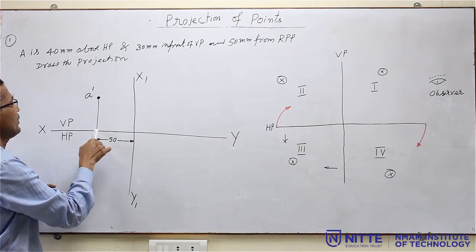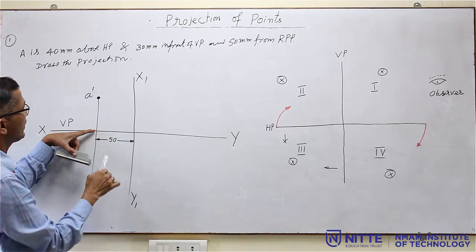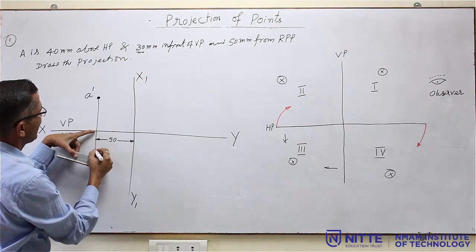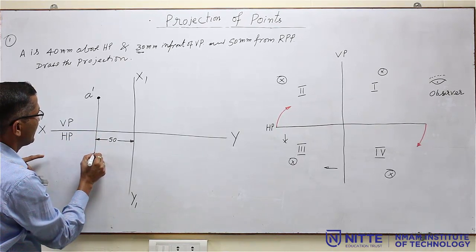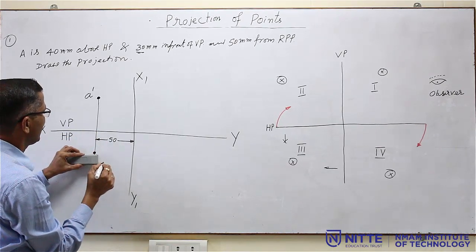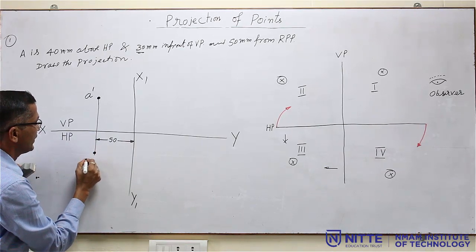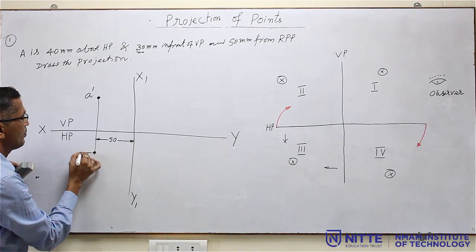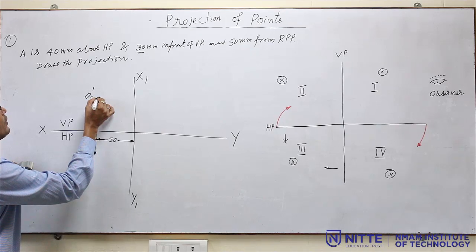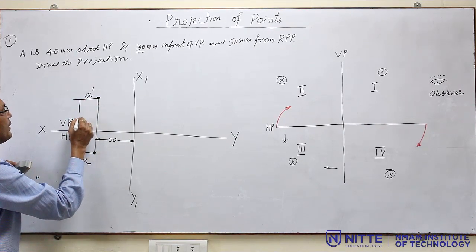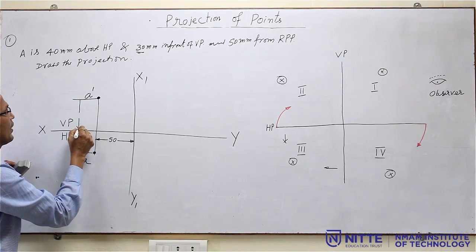Then on the same line you measure a distance from here, the VP distance, what is that? 30 mm. So, from here you measure this distance, this is 30 mm and call it as A, and give the dimensions. From here you drop a light line and one vertical dimension line and arrowheads.